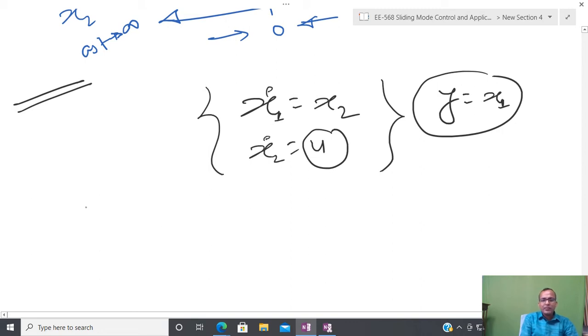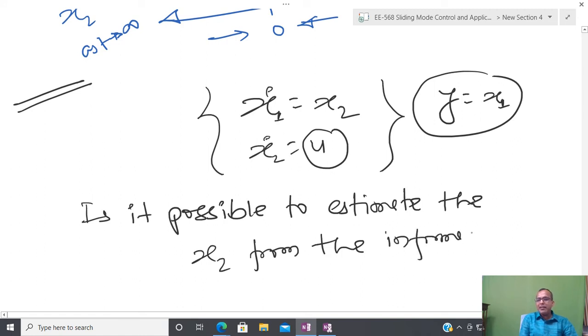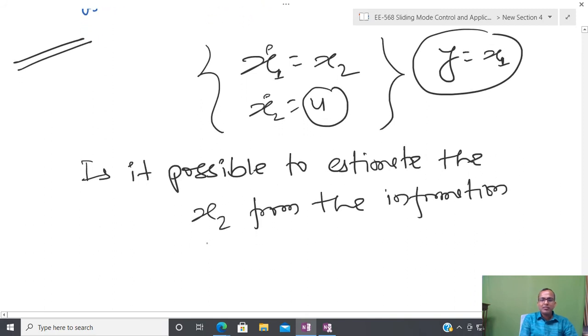So now, is it possible to estimate x2 from the following information? First, I know the output. Second, I know the control.